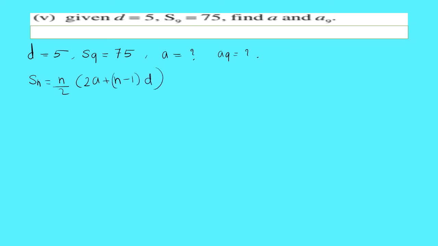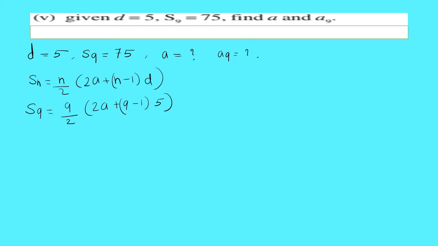Since S9 is given, you can write it as S9 equal to 9 upon 2 multiplied by 2a plus 9 minus 1, d is given as 5.